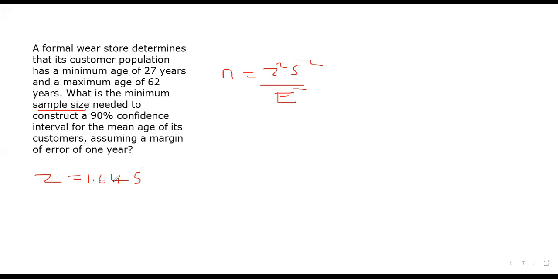Are we together on the Z? Yes. Then what is our range? Maximum high value minus low value. What is that? 62 minus 27. What do we get?